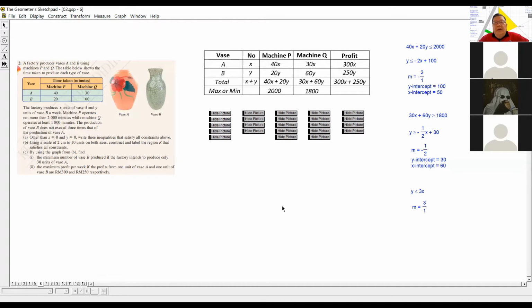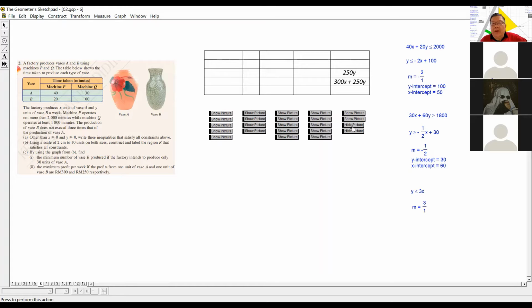Okay. Now, as you read the question, you have to identify two types. What are the two types here? If you look at the table given, you can easily tell me that the two types are vase A and vase B. So we know there are two types of vase.